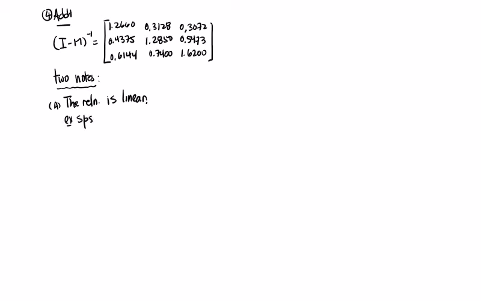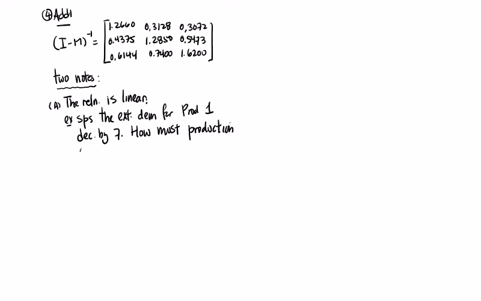Suppose I ask a question like this: the external demand for product 1 decreases by 7. How must the production of product 3 respond?